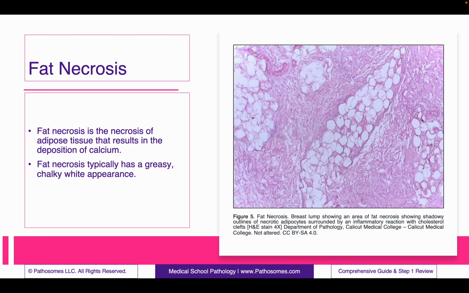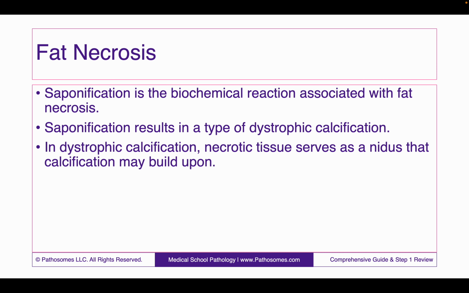Fat necrosis is the necrosis of adipose tissue that results in the deposition of calcium, actually. This fat necrosis typically has a greasy, chalky white appearance. The process that causes fat necrosis that you will be asked about is saponification.